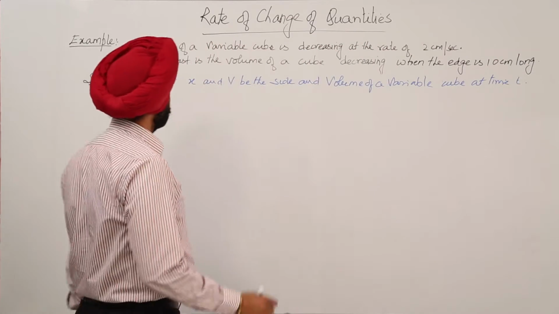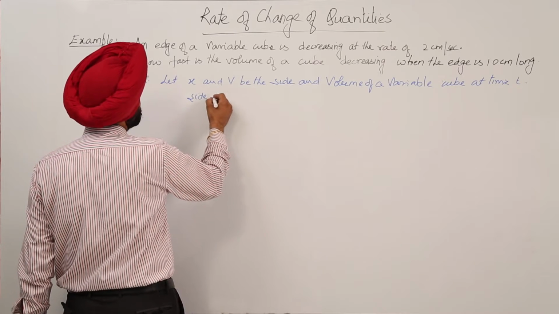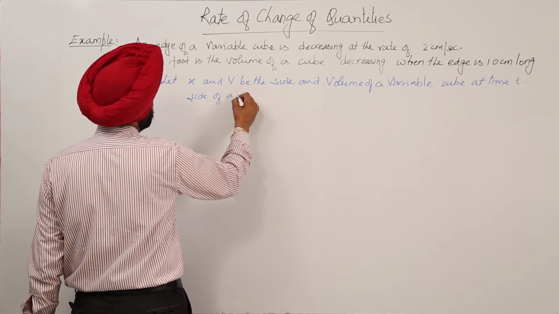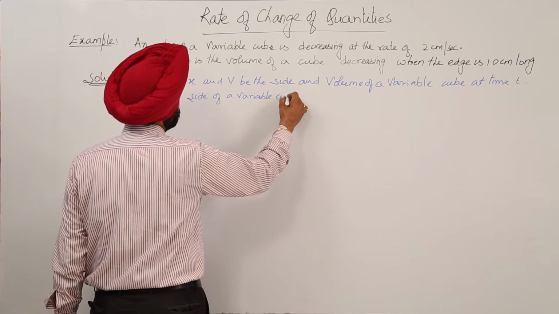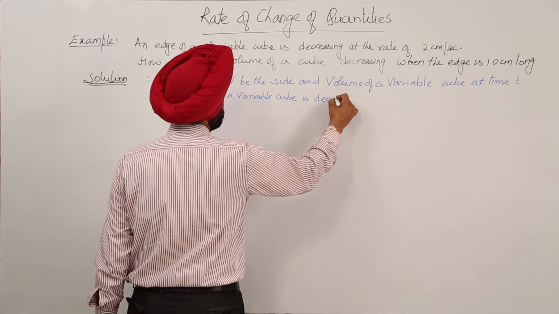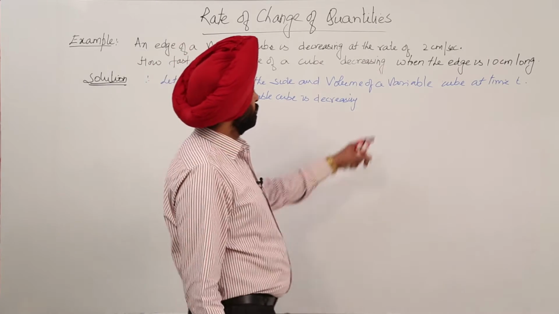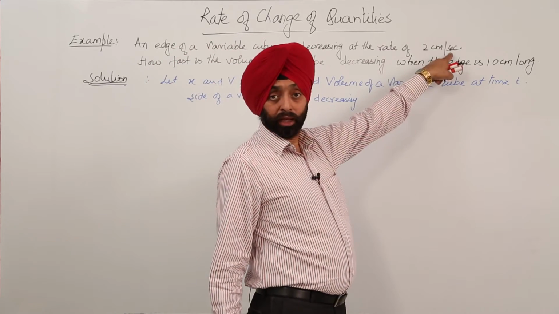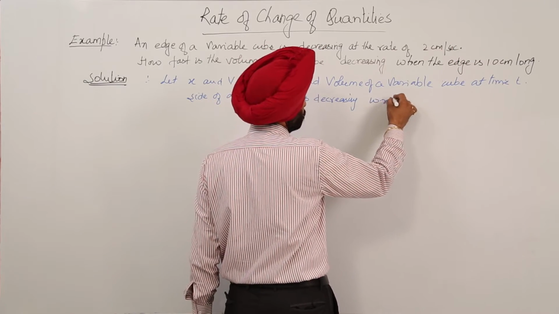Okay, one thing. Now, the side of a variable cube is decreasing. Now it is decreasing with time. Okay, decreasing with respect to time.